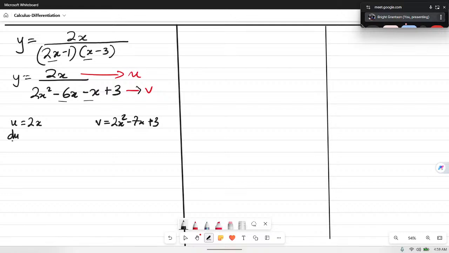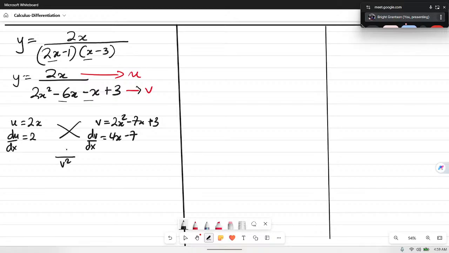So du/dx is 2, and dv/dx becomes 4x minus 7. All over v squared.